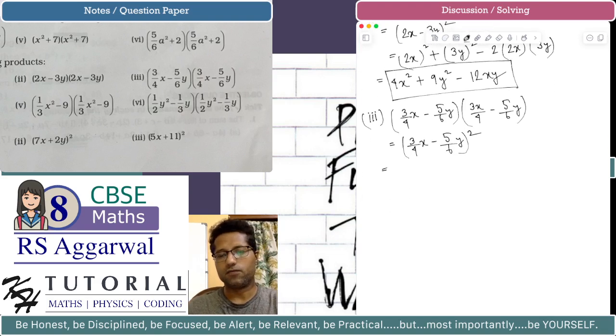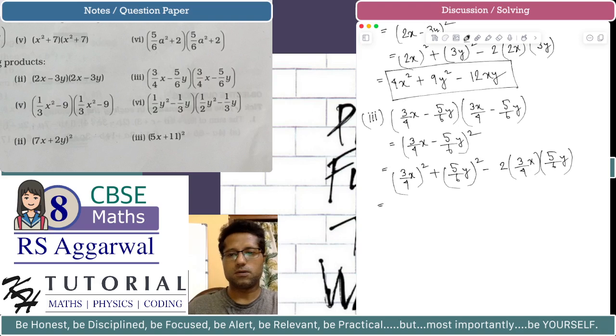So we can apply the formula of a minus b whole square: a square plus b square minus 2 into a multiplied by b.